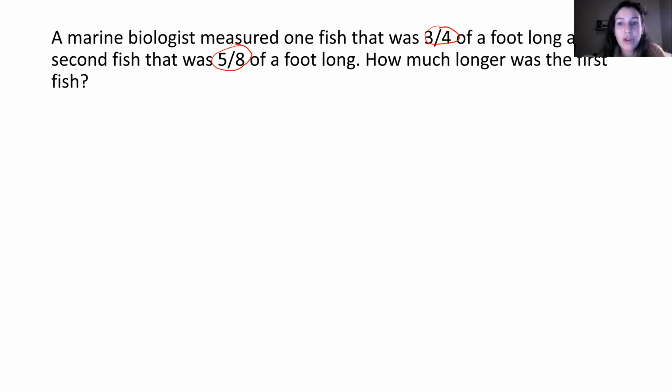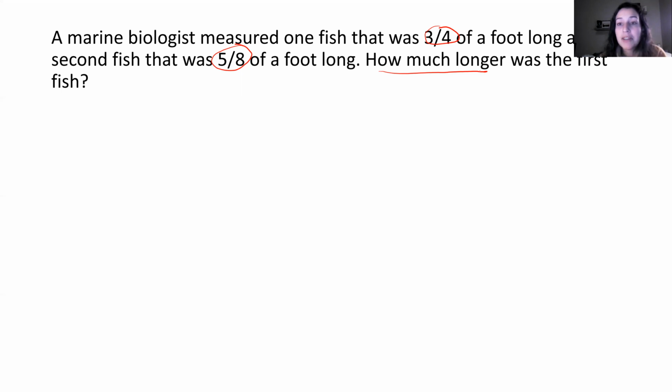We're asked how much longer was the first fish. When we're asked something like how much longer, or any sort of comparison, we want to know the difference between those two values. And if we're looking for the difference between two values, that means we're going to be using subtraction. So far we have the two numbers we're going to use, and we know we're going to be subtracting.